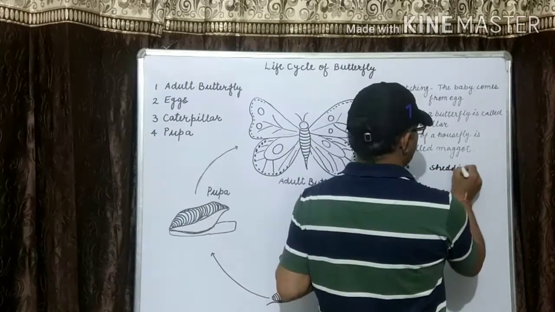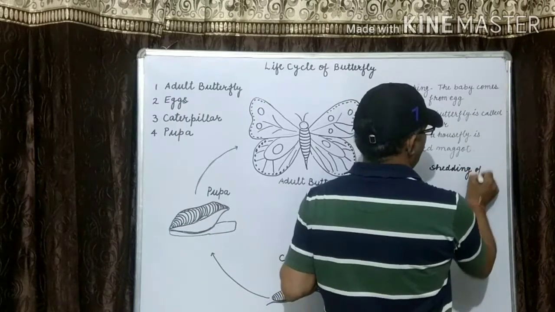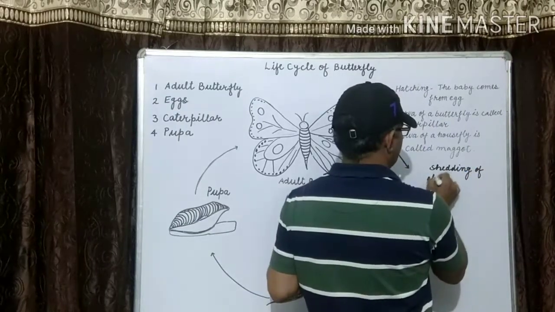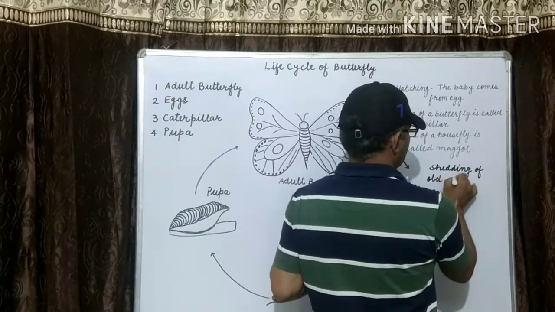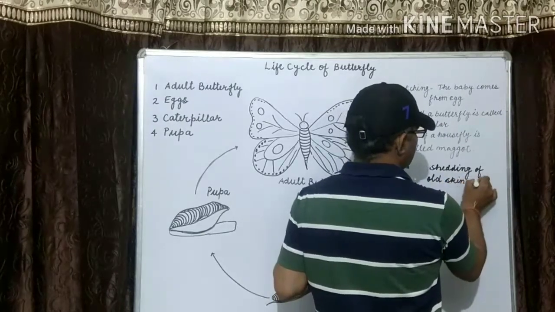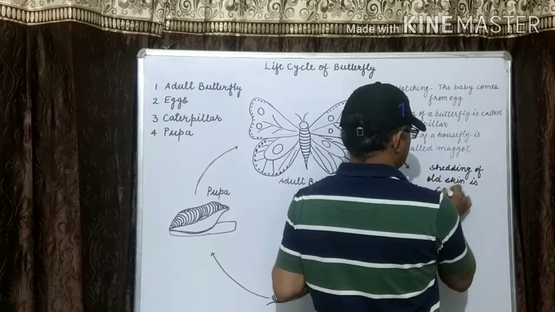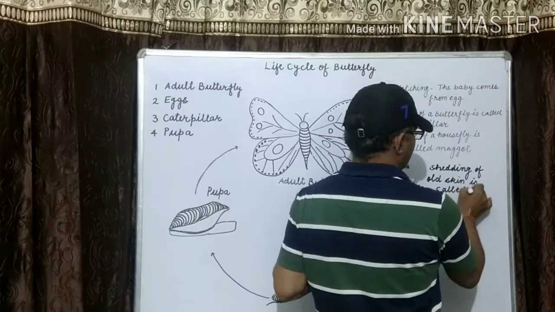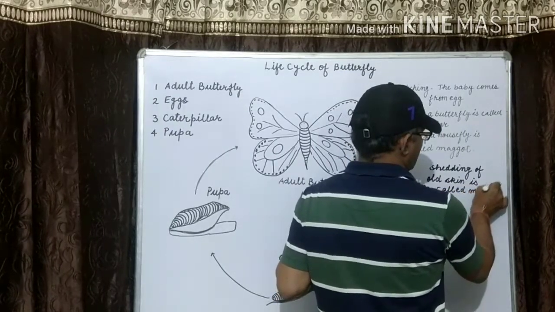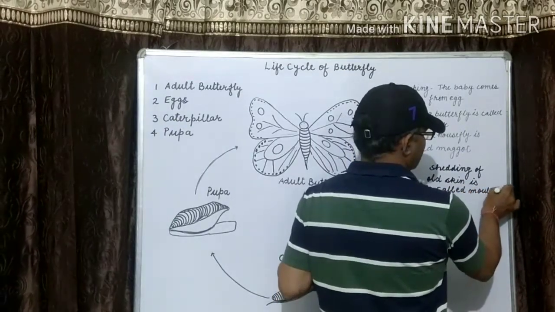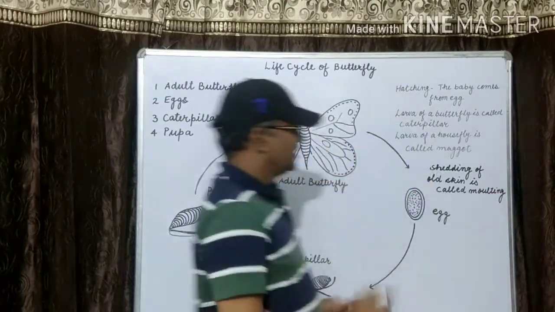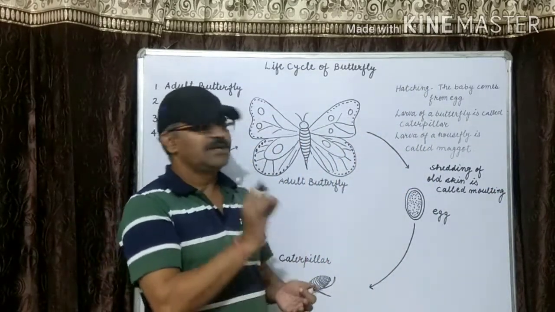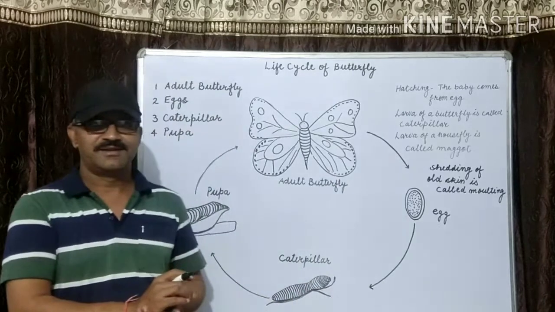Shedding of old skin is called molting. Clear definition? Shedding of old skin is called molting.